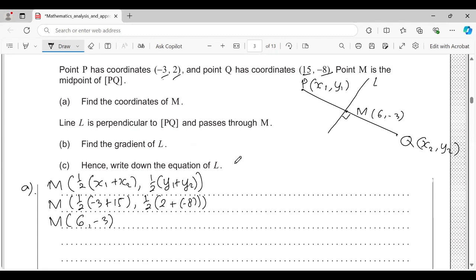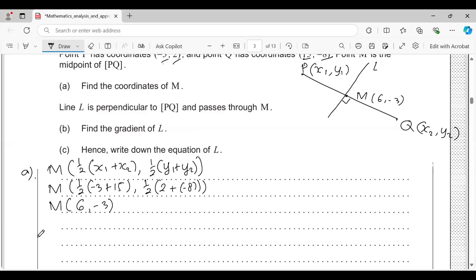If perpendicular, it means the gradient of L multiplied by the gradient of PQ equals -1. So we need to find the gradient of PQ first. How do we find the gradient of PQ?